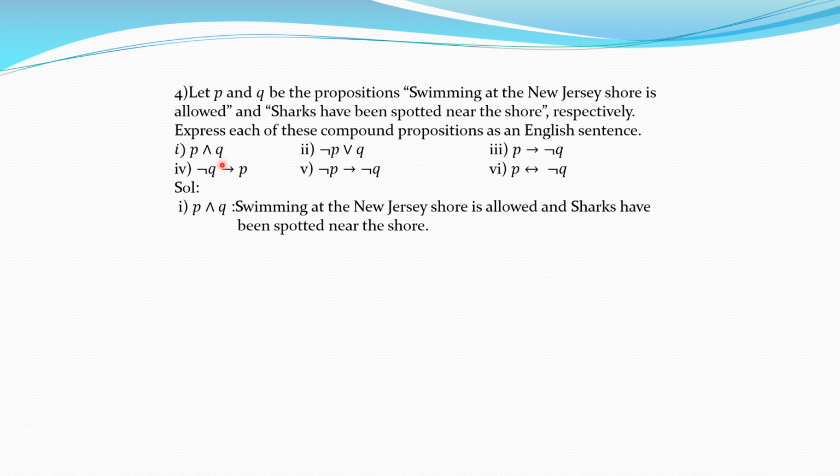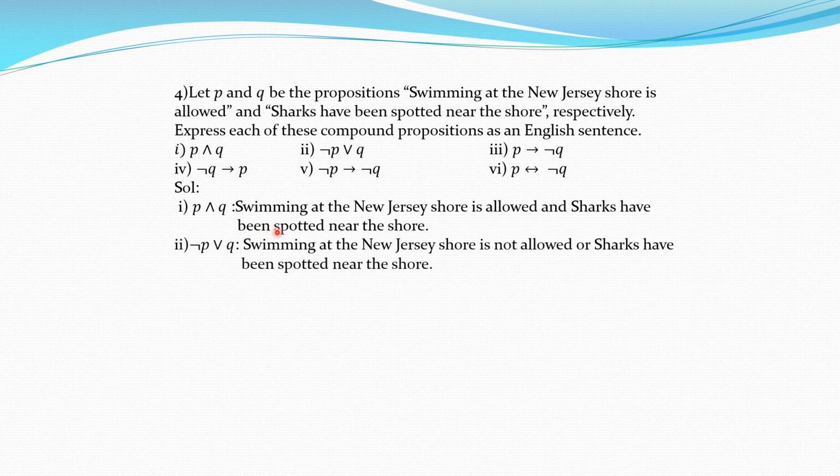Now second is negation P disjunction Q. So we have to consider not P, Q and join them by using the logical connective or, as disjunction is there. So negation of P is: swimming at the New Jersey shore is not allowed, or Q means sharks have been spotted near the shore.